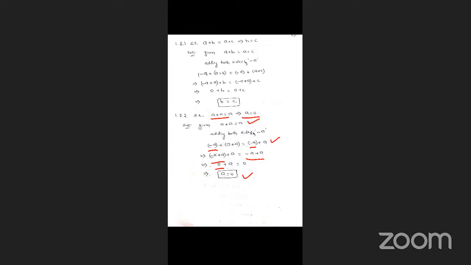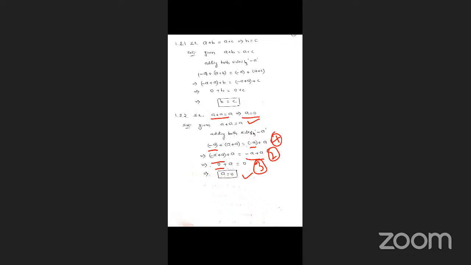We are using the properties here. What are the properties? First property, second property, and third property. The first property is the universal property, minus a, we are using in this problem. The second property, where brackets are changing, is the associative property.